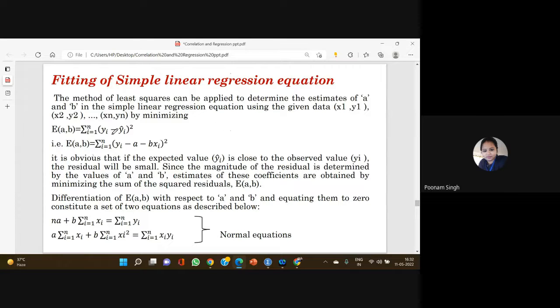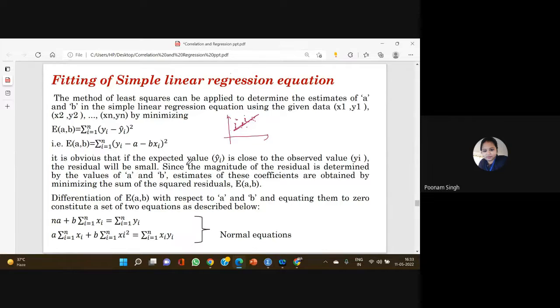These yi are the observations, as I have told you, and yi cap are the estimated values that lie on this straight line. Since we want the line of best fit, we need to reduce this distance. So for that we will differentiate this with respect to a and b, and then we will equate it to 0.